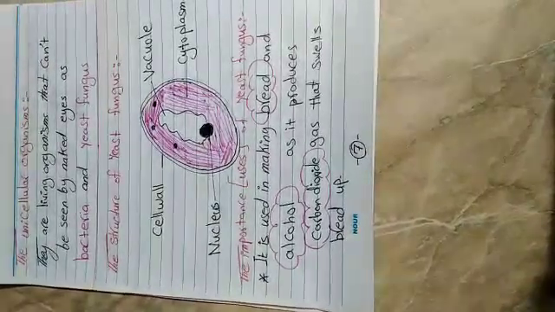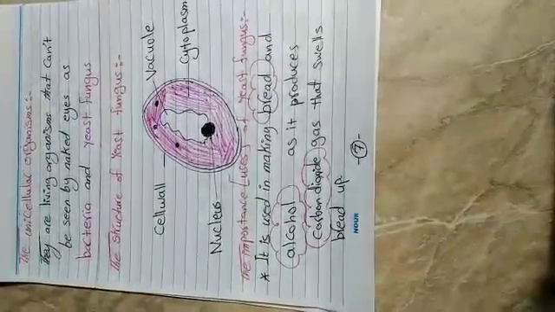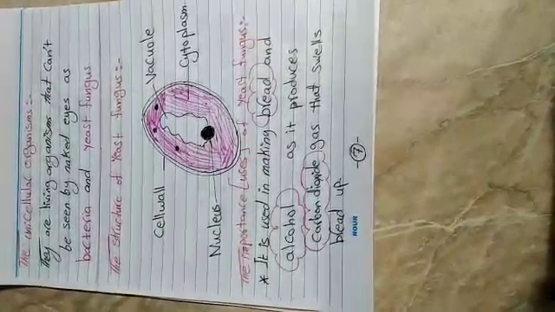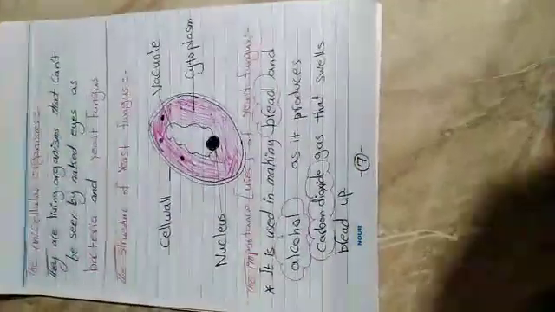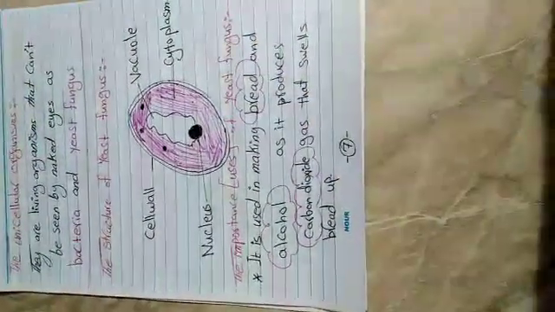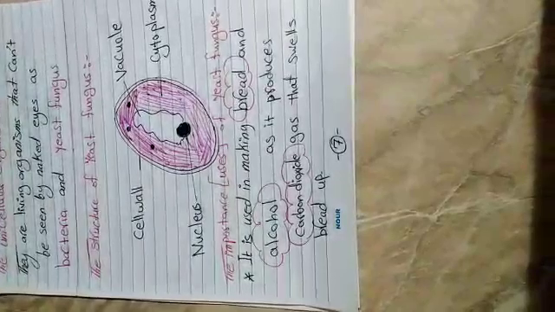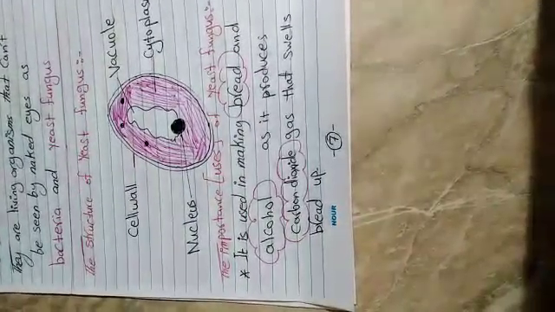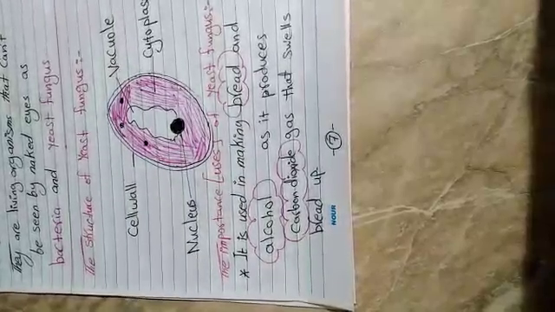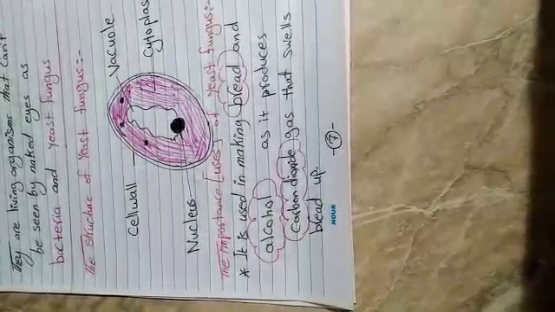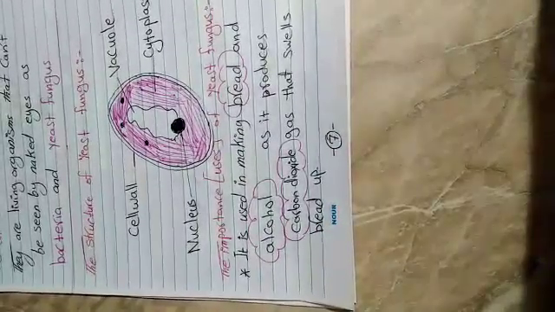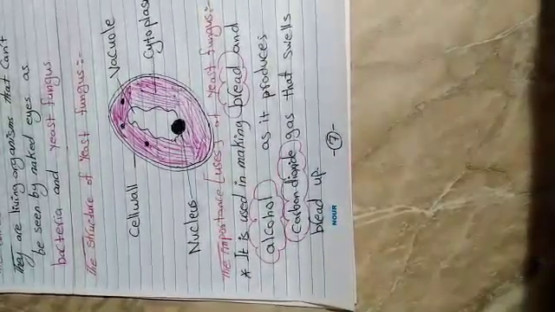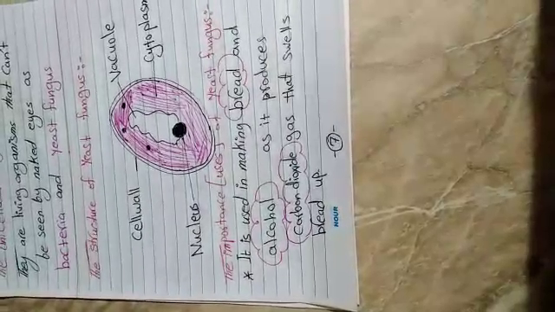An example of unicellular organisms is yeast fungus. Here is a drawing of the yeast fungus, which contains a cell wall, cytoplasm, nucleus, and vacuole. Let's talk about the importance and uses of yeast fungus.